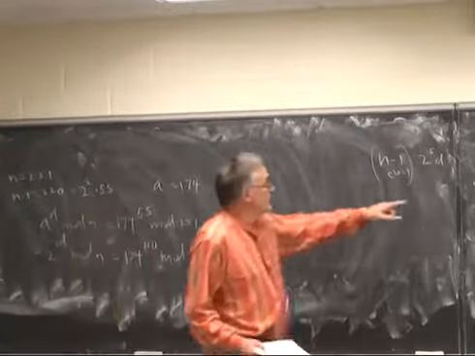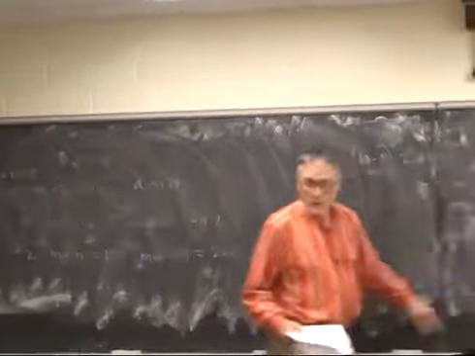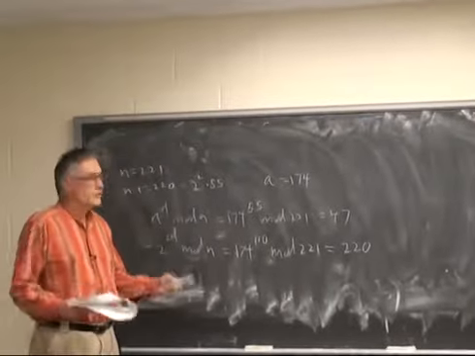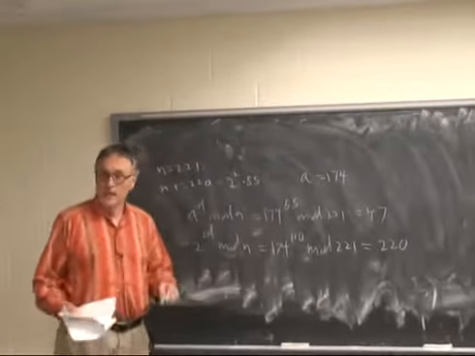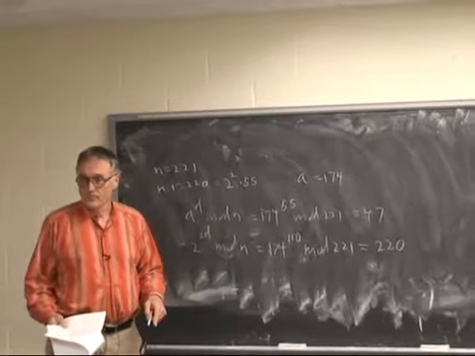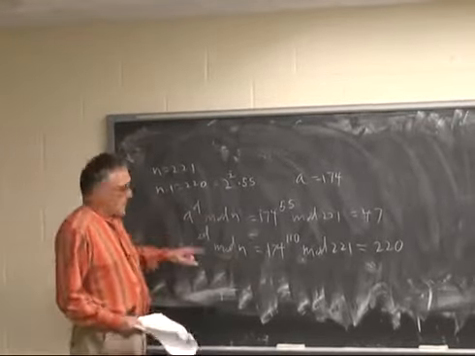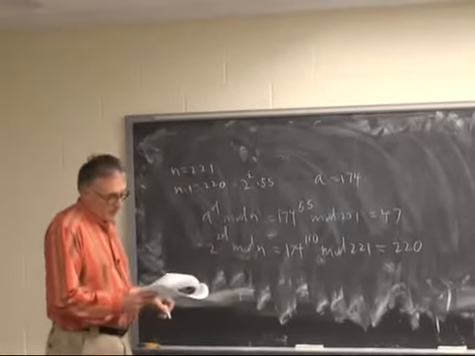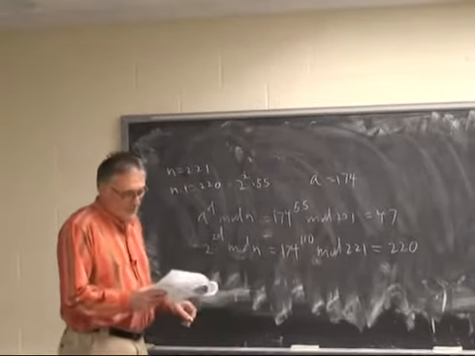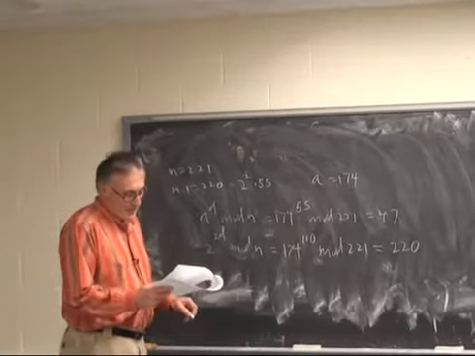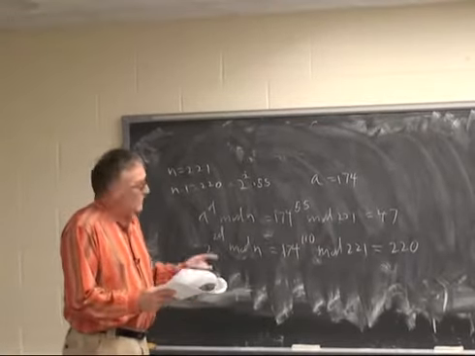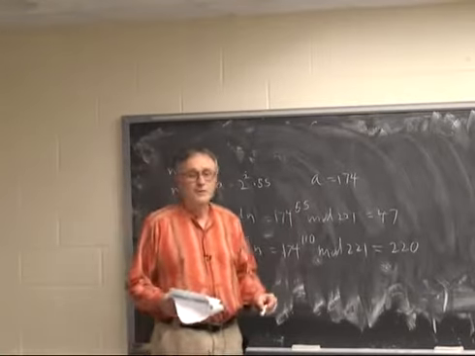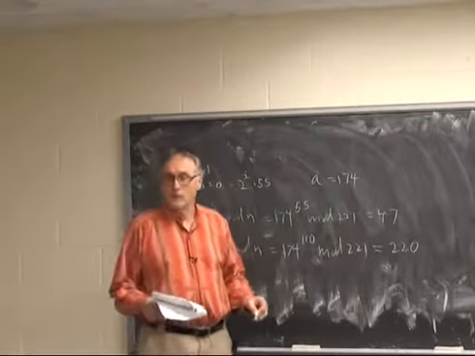And so if either of these is true, we haven't proven it's prime, but we haven't proven it's not prime. So the terminology that's used apparently is either 221 is prime, or 174 is a strong liar for the fact.